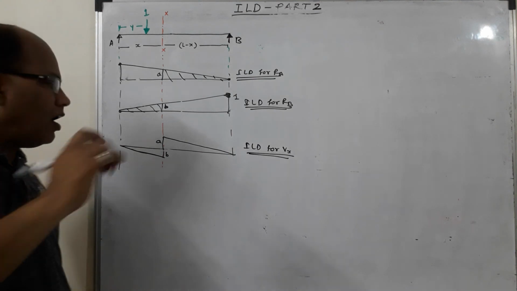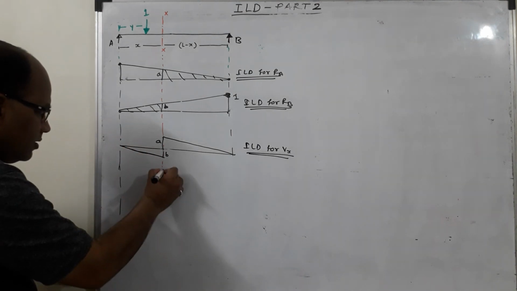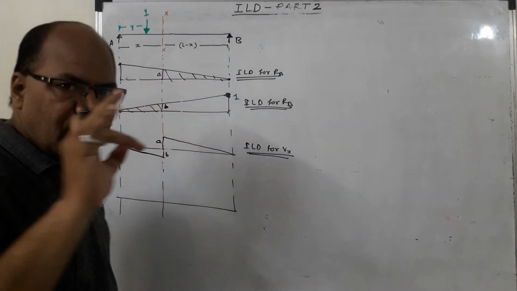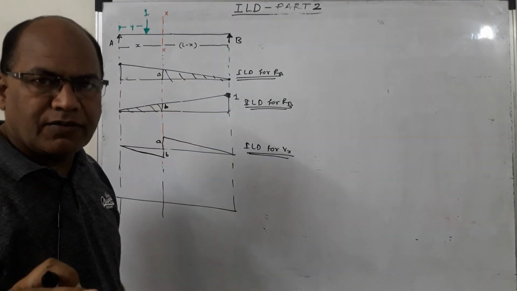Now, in order to draw ILD for Mx, just extend the lines. Now, remember it well, ILD for Mx for a simply supported beam is a triangle.